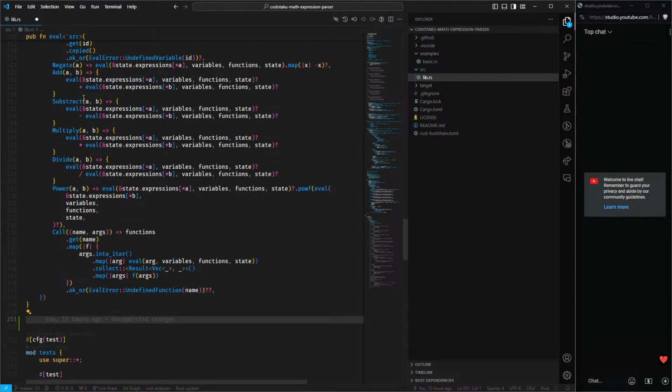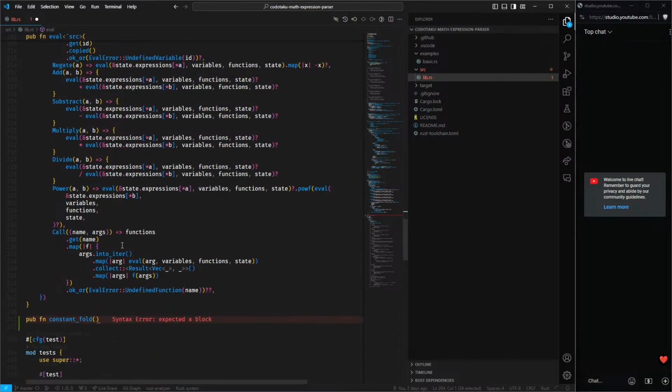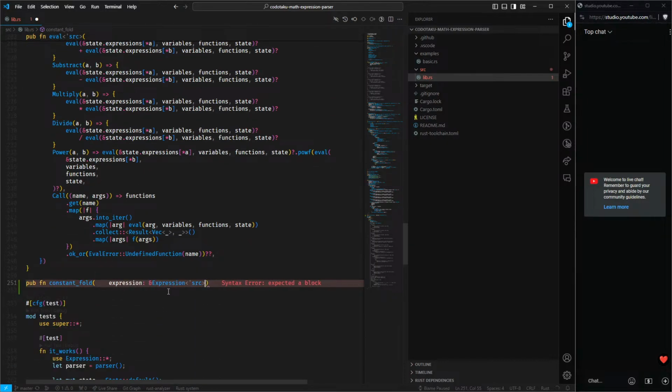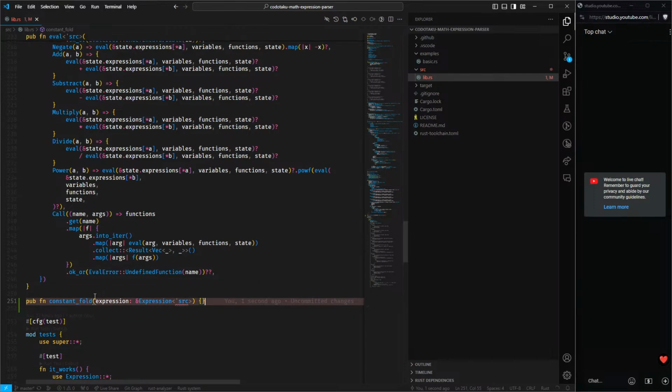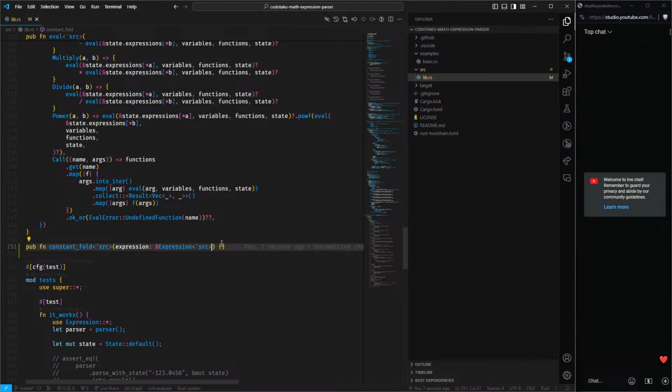Alright, so pub fn constant fold, and generally you would just have the expression, which is like the AST, right? Of course we need the lifetime here, and you would have the state in our case, since that's where our actual tokens reside.